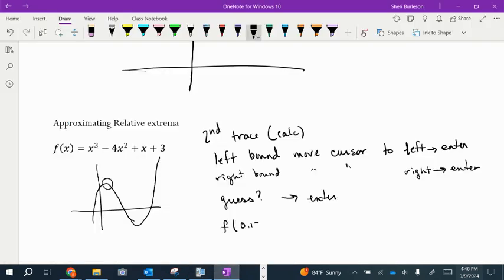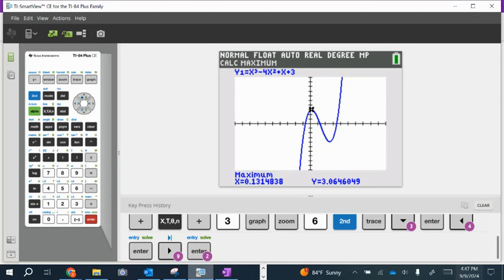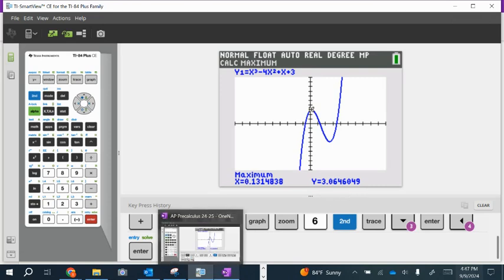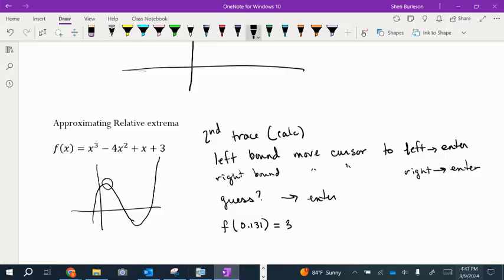And my y value was 3.064 if I truncate, 3.065 if I round. And this was my relative max, and I approximated it because these are rounded or truncated answers.